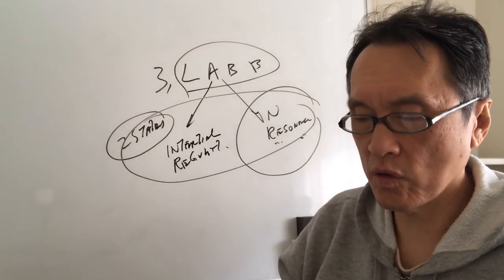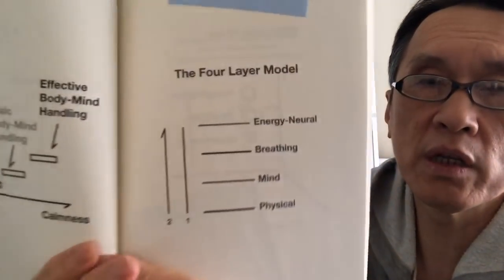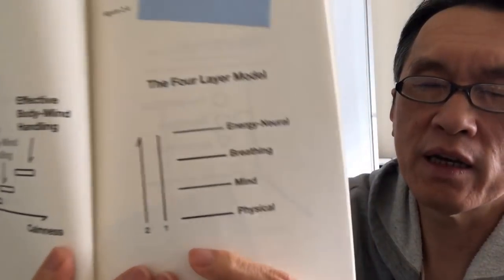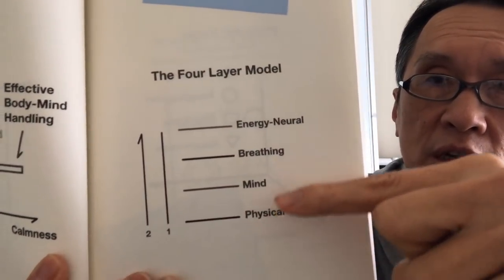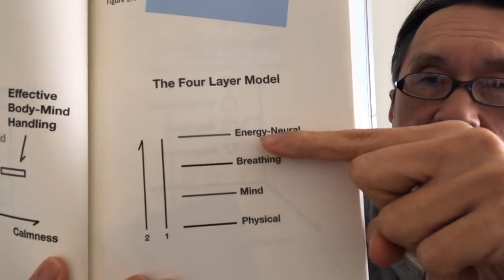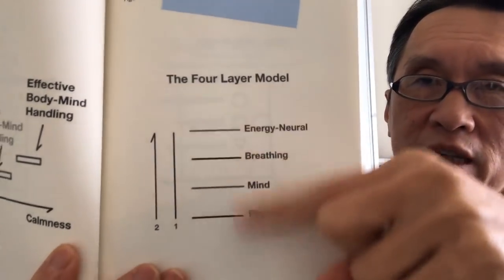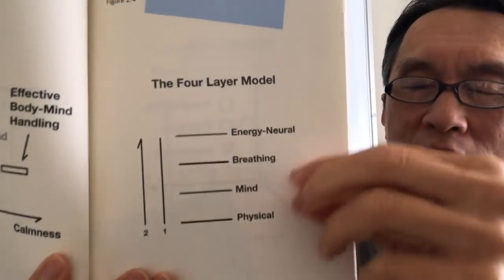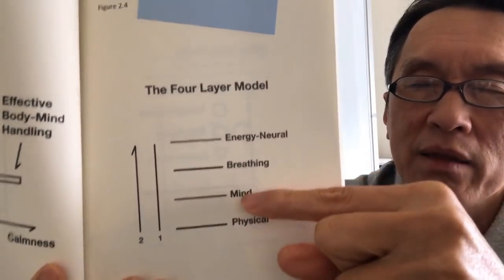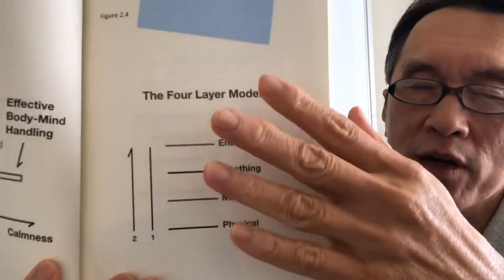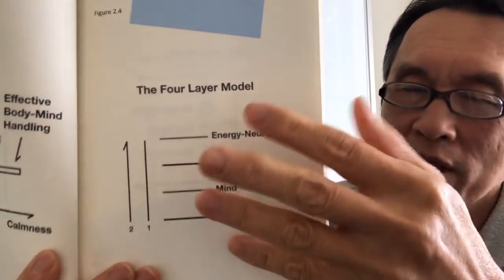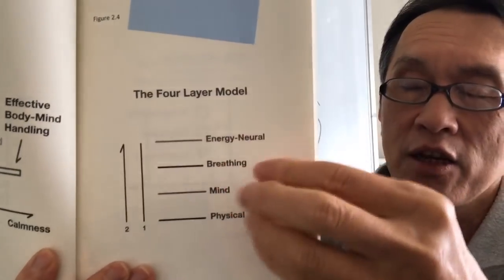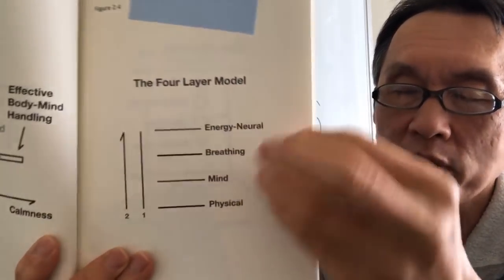So it is better to look at the human in Qigong and meditation practice as having 4 layers: the physical, the mind, the breathing, and the energy, neural, or Qi layer. One needs to know how to handle every layer in a different way, because different layers have different characteristics.